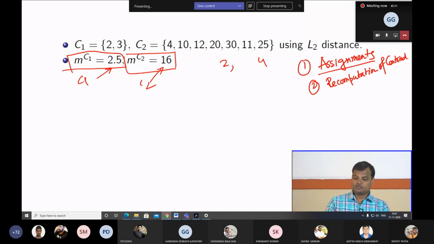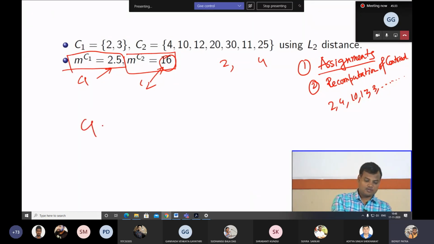The points were 2, 4, 10, 12, 3, 20, 30 and so on. You assign each point to the closest centroid. Now the centroids are 2.5 and 16. The point 4 will be assigned to the first cluster, so C1 will be 2, 3, 4.